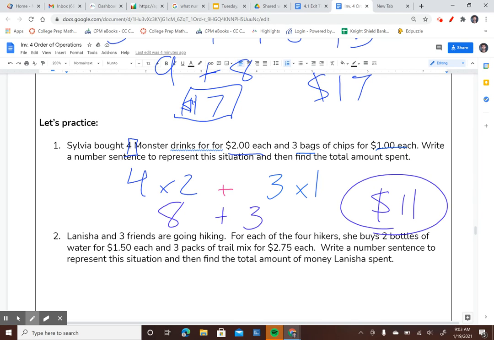All right, this next problem here, it says Lanisha and 3 friends are going hiking. For each of the 4 hikers, right, Lanisha plus the 3, she bought 2 bottles of water for each of the 4 hikers. So it's going to be for all 4 hikers. She bought 2 bottles of water for $1.50 and 3 packs of trail mix for $2.75.